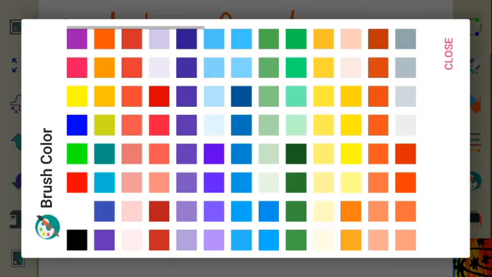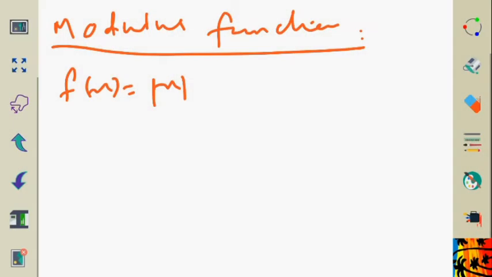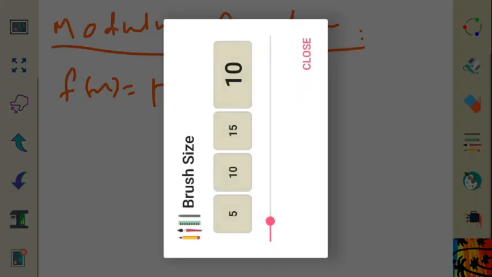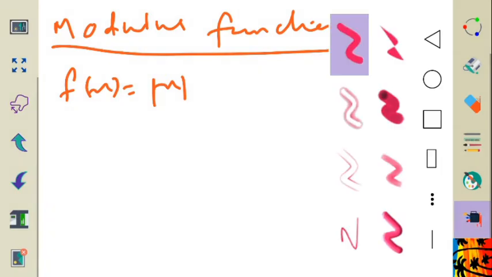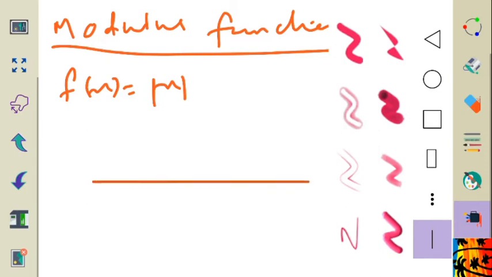Now let me see what is the value of f(x) equals mod x. You know the graph of mod x. In the graph of mod x, what I do is draw it like this. Next you draw it in this manner.